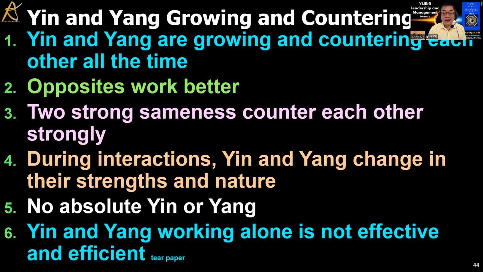Yin and yang will work better when they are working together. Even if they counter each other, they are actually working, and that kind of working will result in more efficient and more effective results. So if they work alone, that's definitely not effective or efficient. So now let's do a simple exercise.